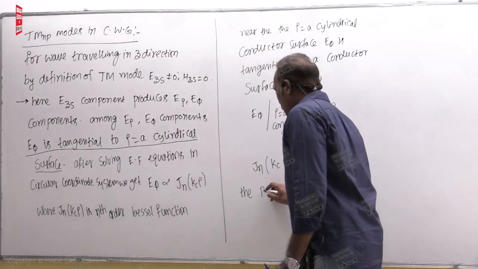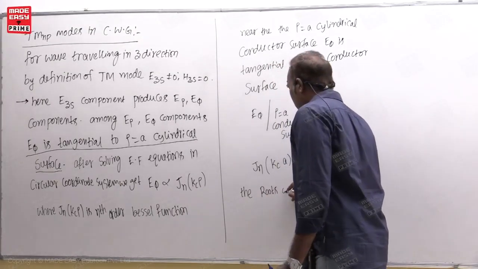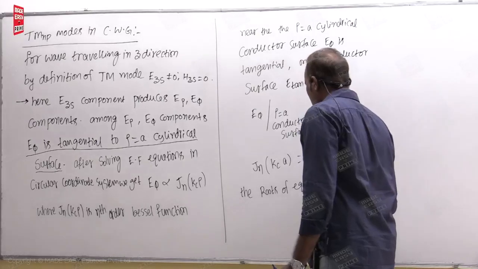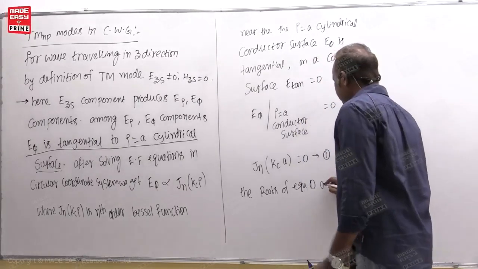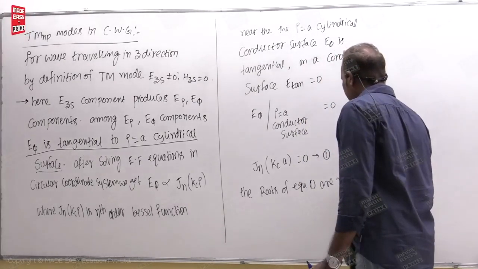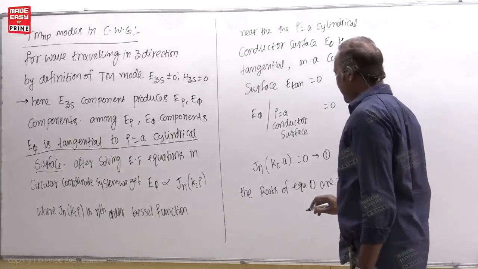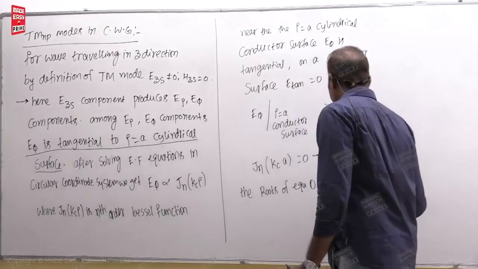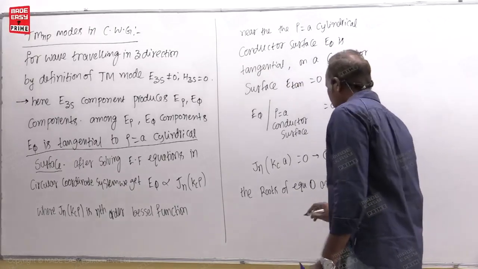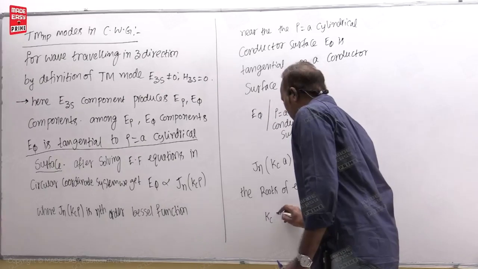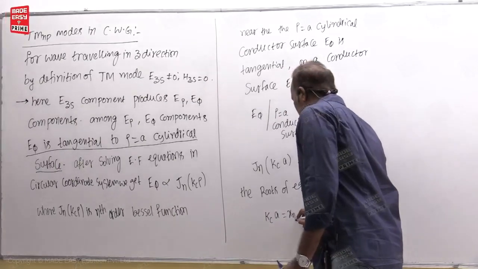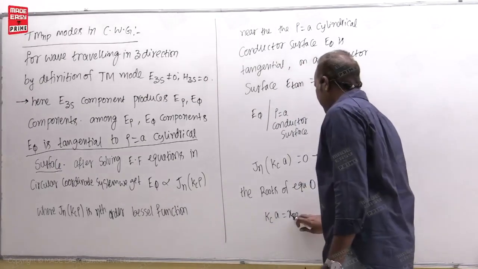The roots of equation 1 are x np. So Kc into a is equal to x np.